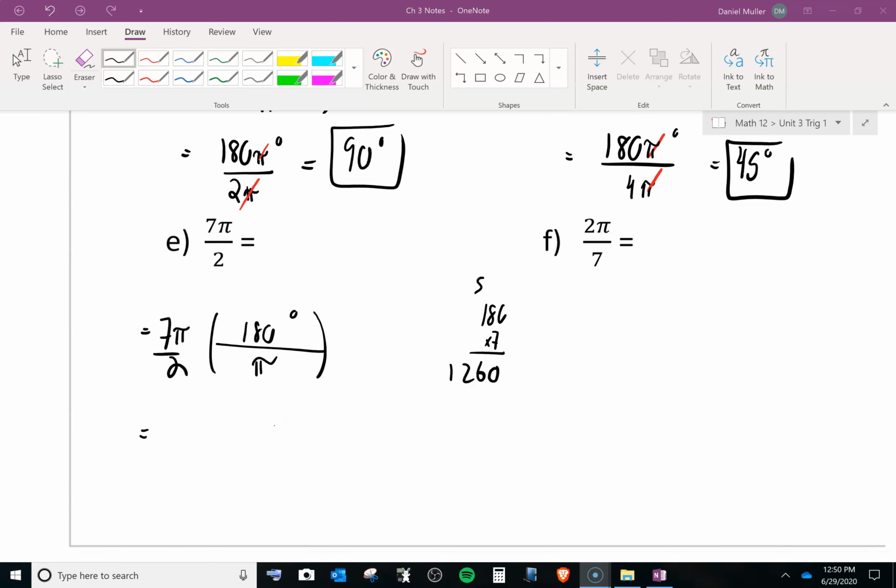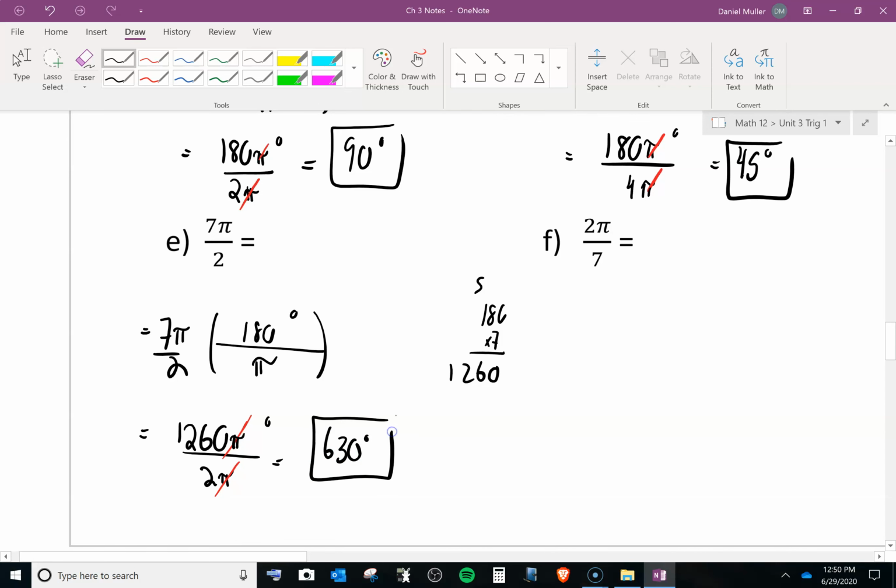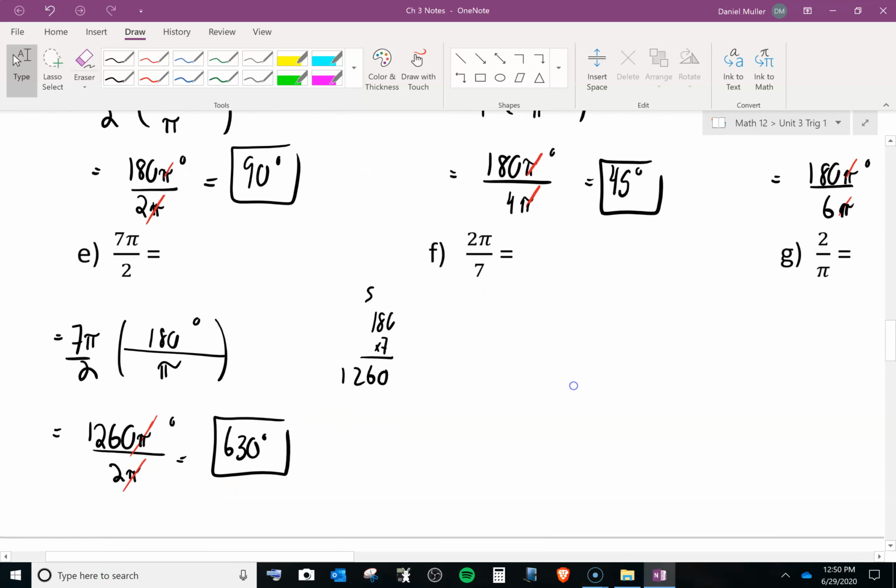So that is 1260, and then the pi symbol, degrees, on the bottom is just a 2 pi. So the pi's can cancel, and 1260 can be cut in half to get 630, and there's the degrees. A little bit more in terms of, I didn't know what my 180 times tables were, but it's still relatively simple in terms of the math that's going on there.